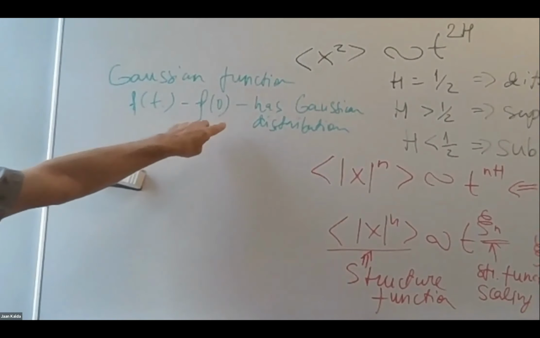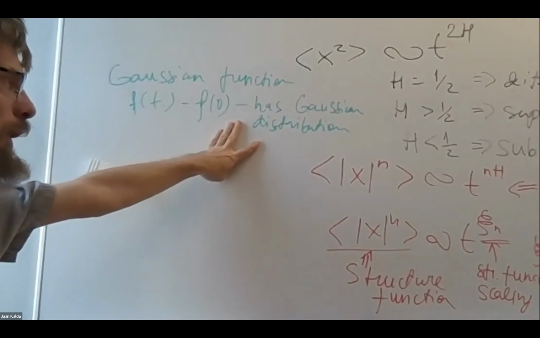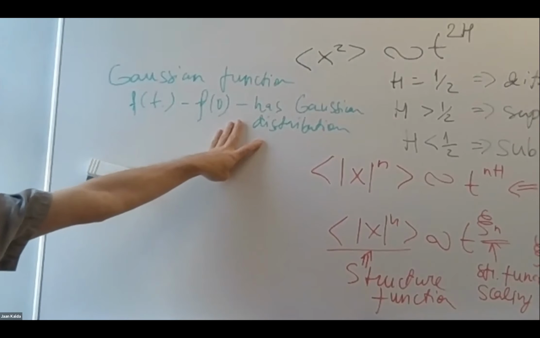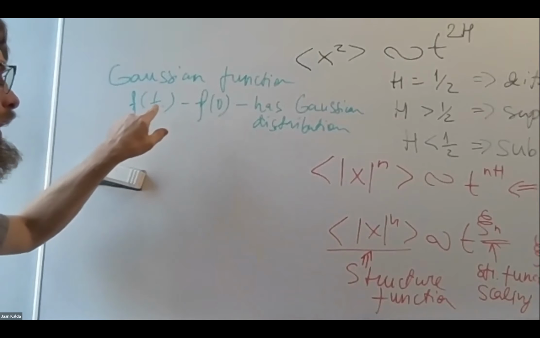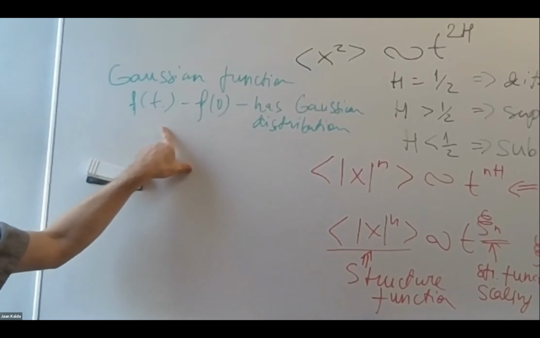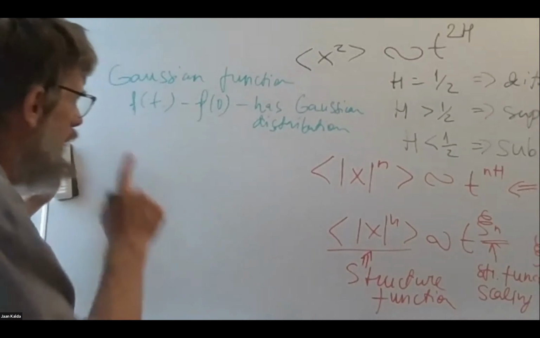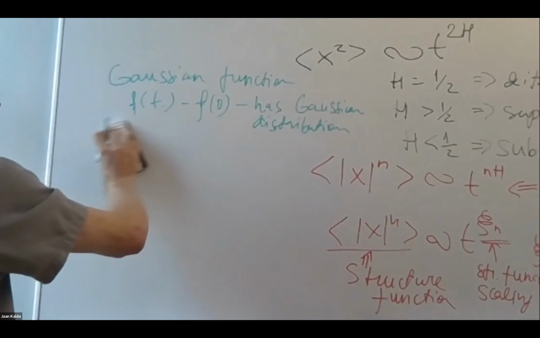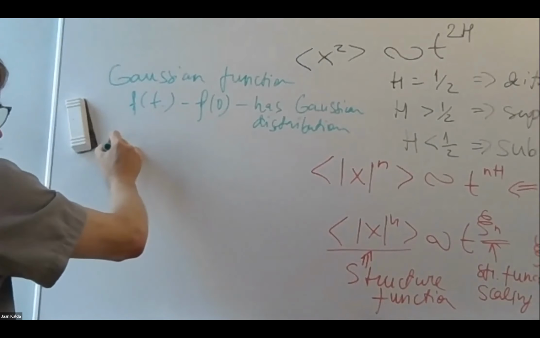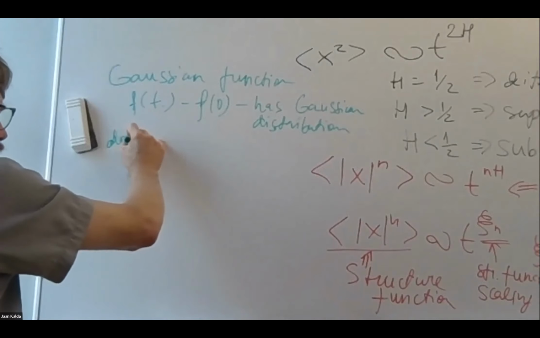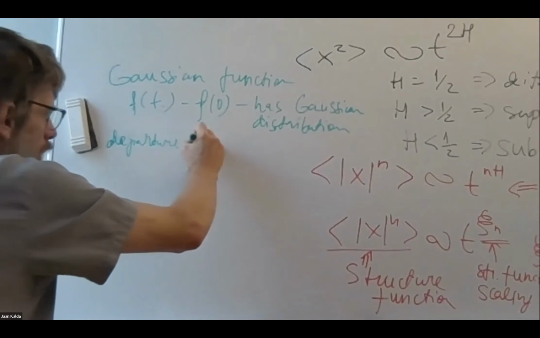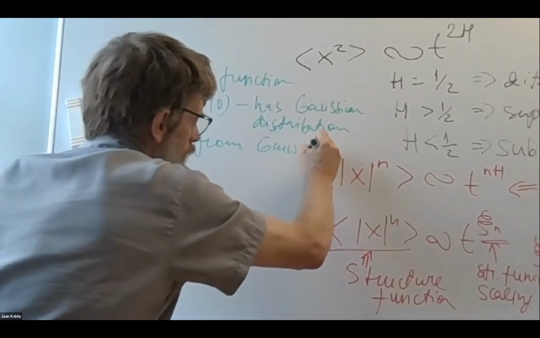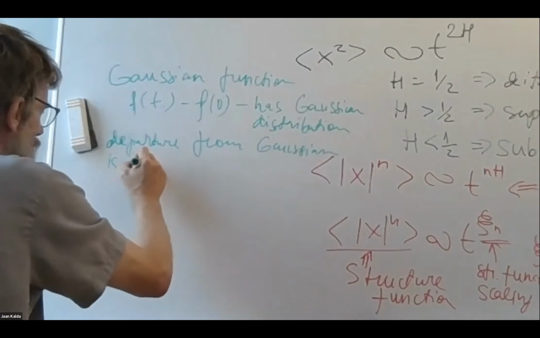Now, even if it is not exactly a Gaussian function, if the distribution tails are not big, there may be an insignificant departure from Gaussian.